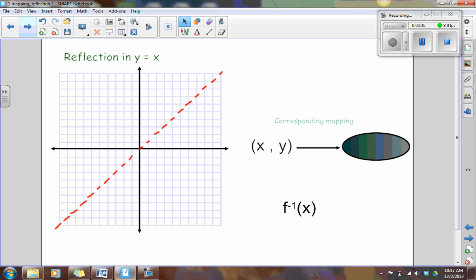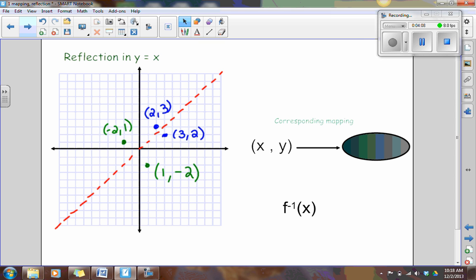So if we've been working with 3, 2, it's going to go to the point 2, 3. And if we have the point, let's choose -2, 1, that's going to go to 1, -2.